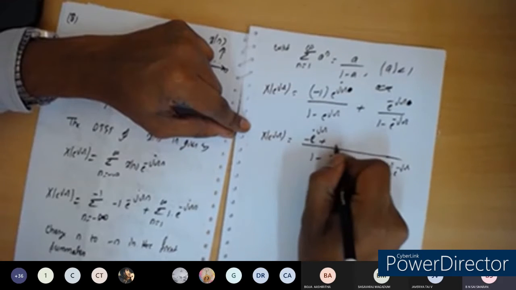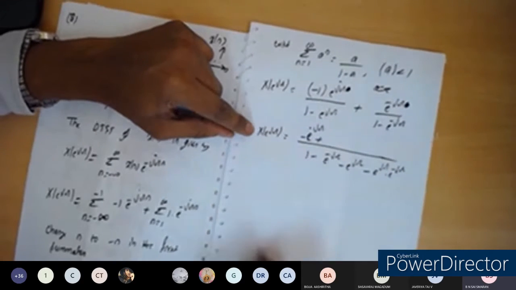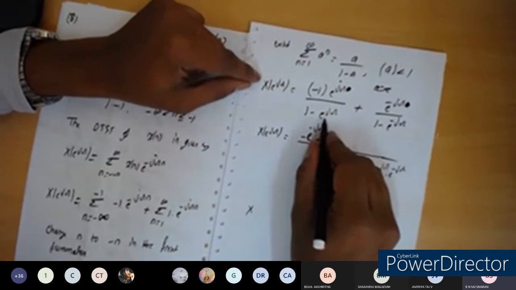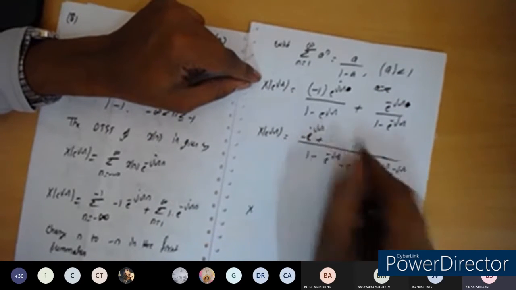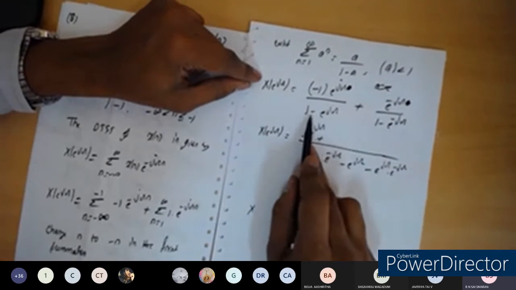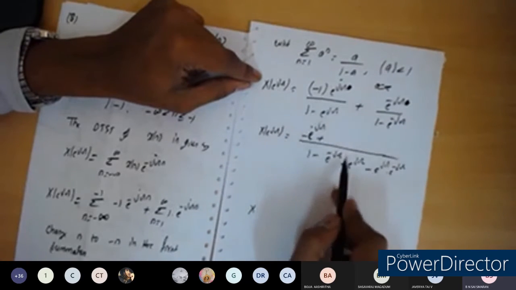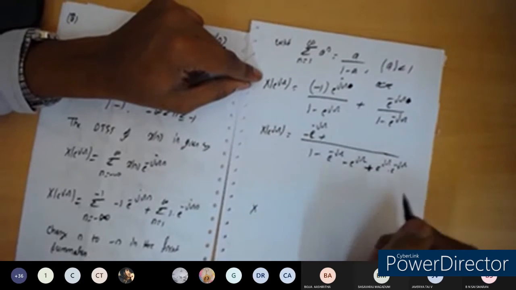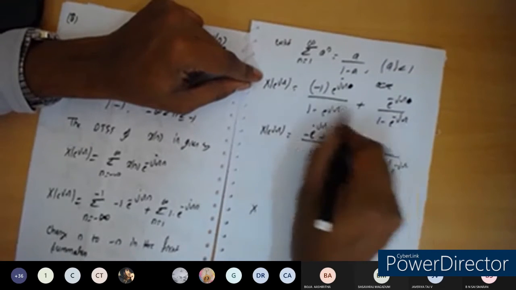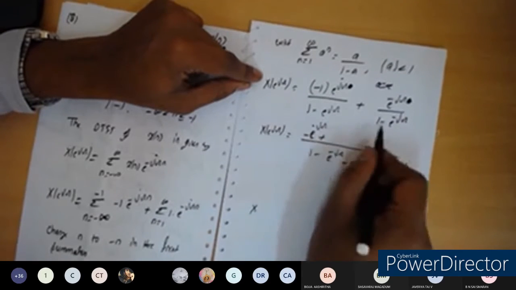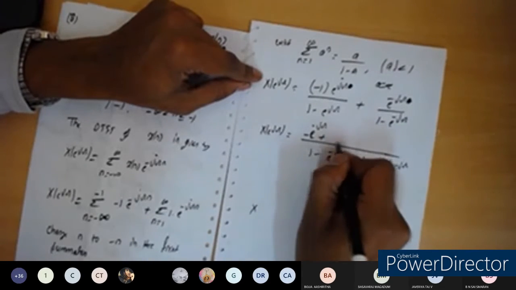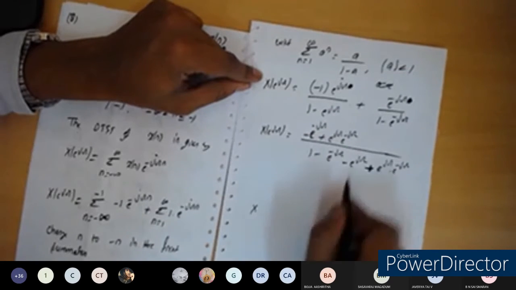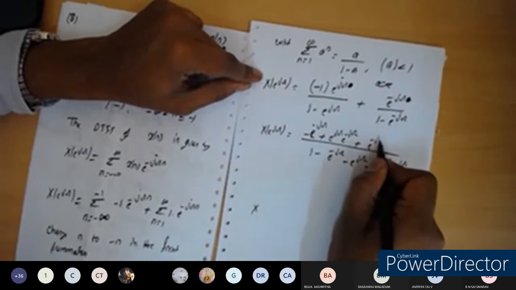Minus into minus will become plus e to the power of j omega into e to the power of minus j omega. Next, minus into minus will become plus e to the power of minus j omega.